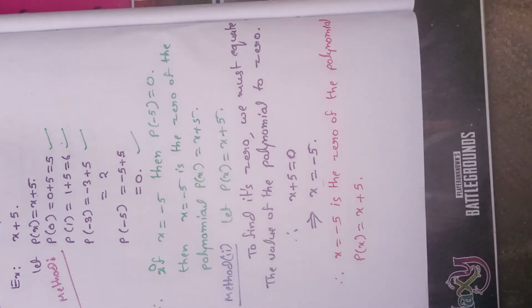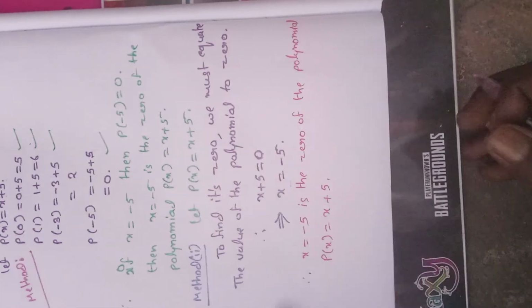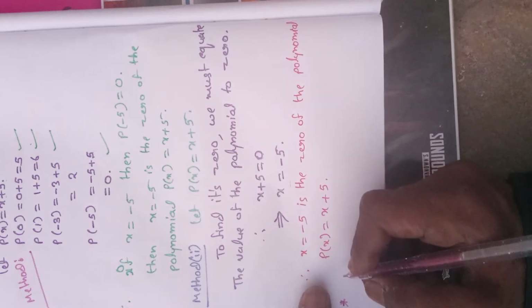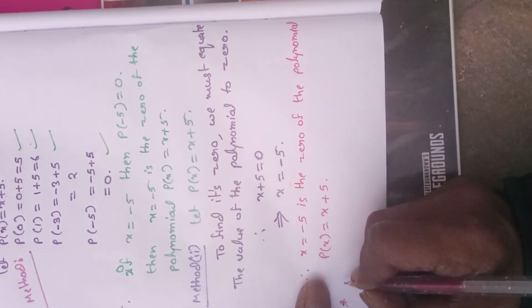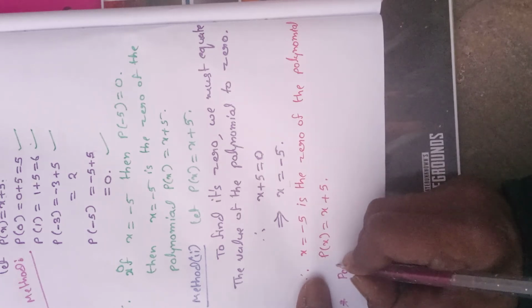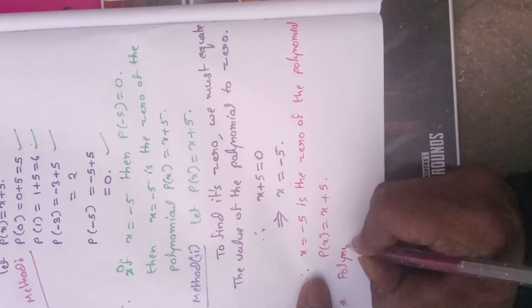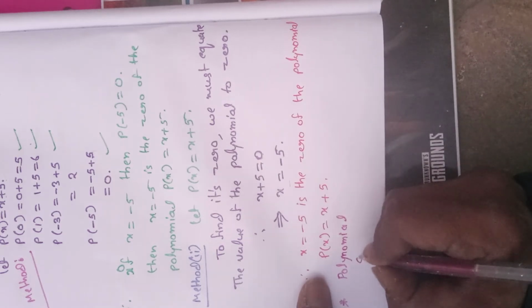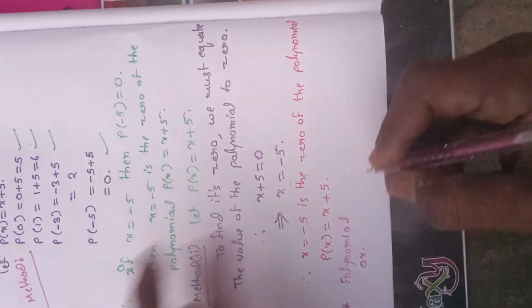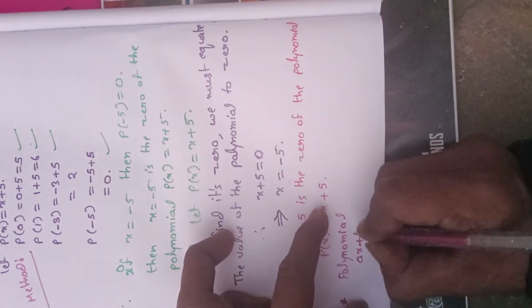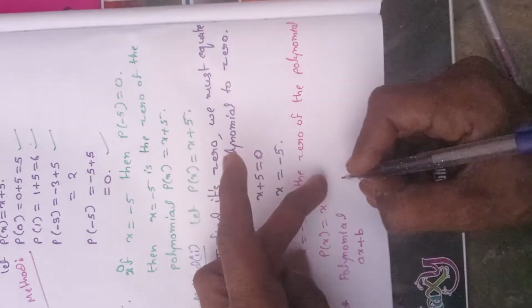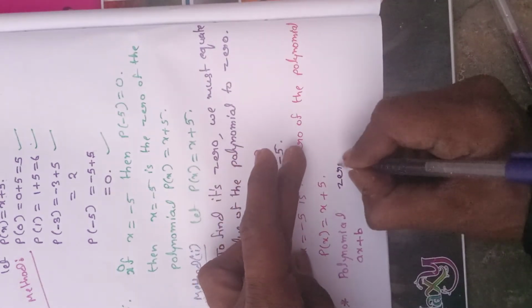Before that I want to write the 0 of the polynomials directly. We can use them as formulas also. I am creating a table here. Look here carefully. Here in this case we are taking only linear polynomials. The first one is ax plus b, and the second one, I am writing here, the 0 of the polynomial.